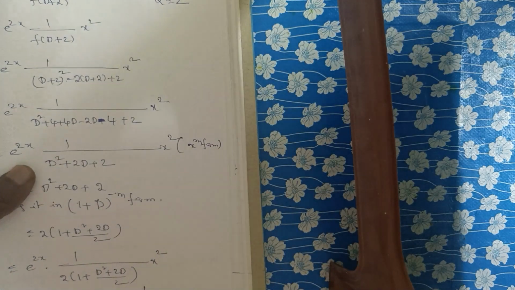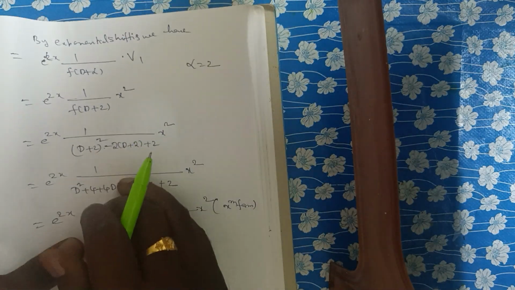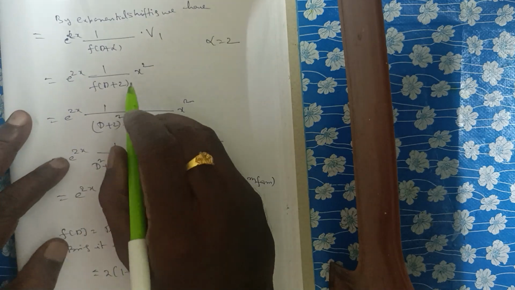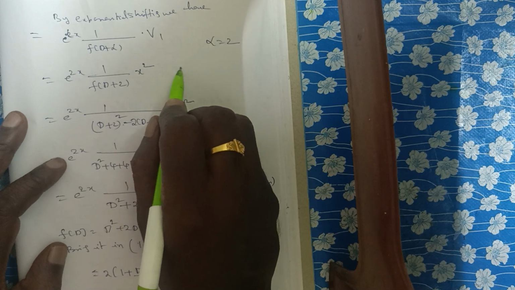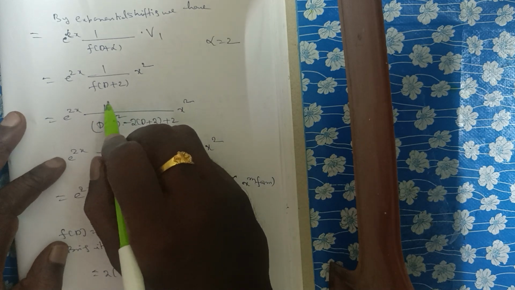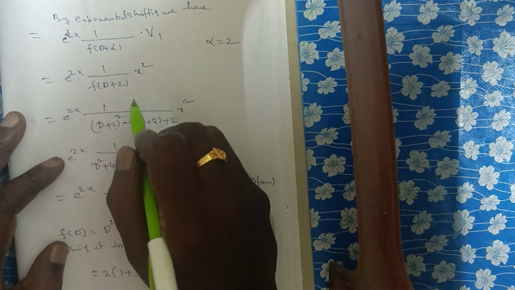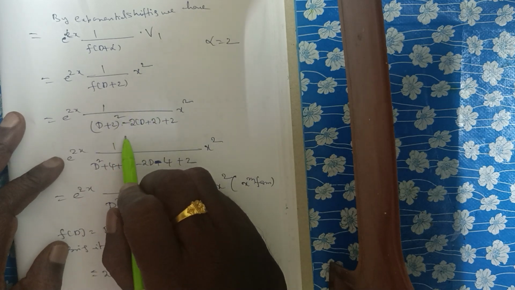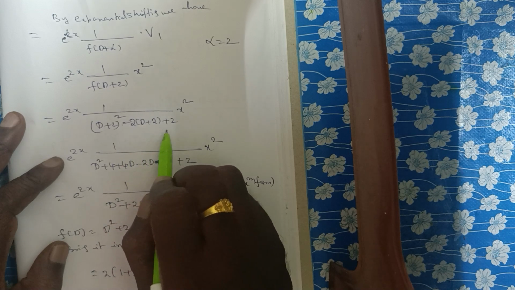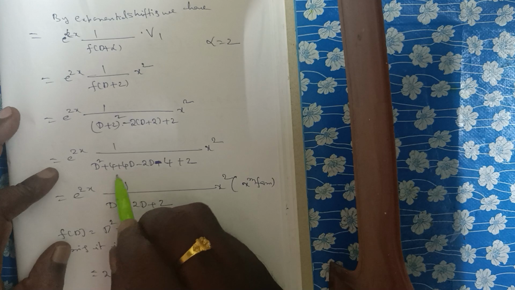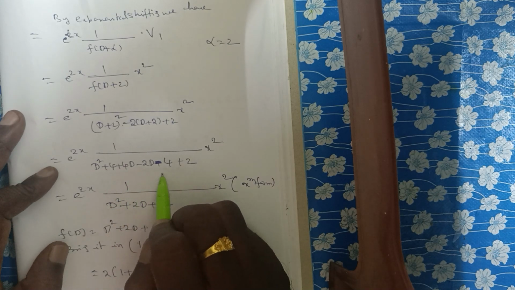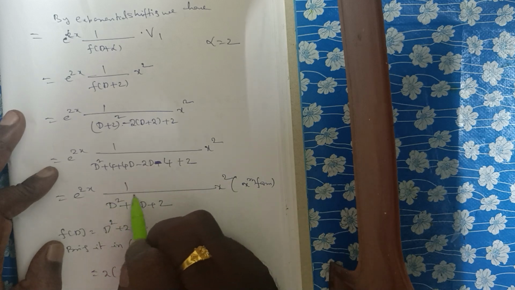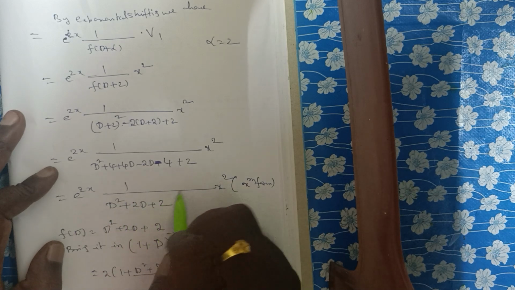By exponential shifting, we have e^(αx) times 1/f(D + α) into x². So e^(2x) times 1/((D + 2)² - 2(D + 2) + 1) into x². That is e^(2x) times 1/(D² + 4D + 4 - 2D - 4 + 1) into x², which is e^(2x) times 1/(D² + 2D + 1) x².